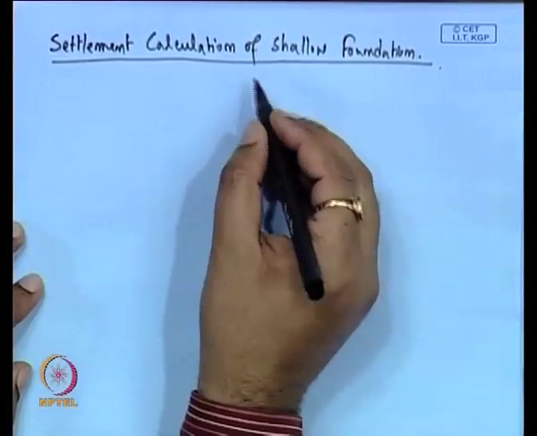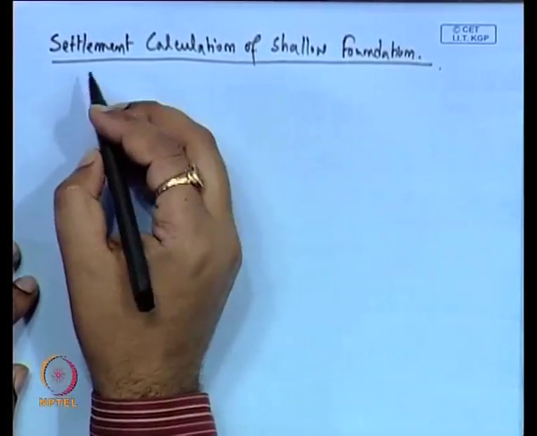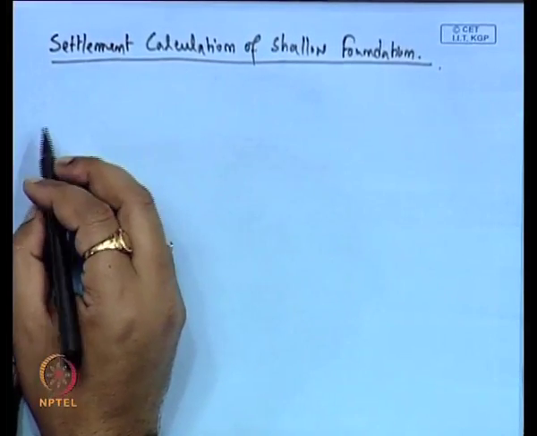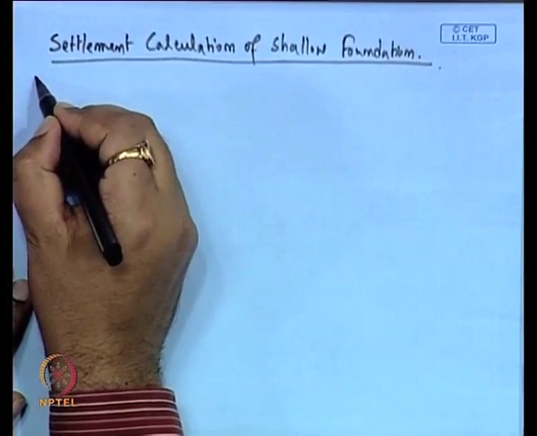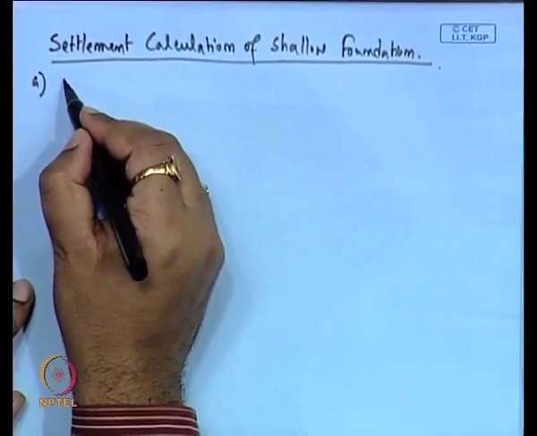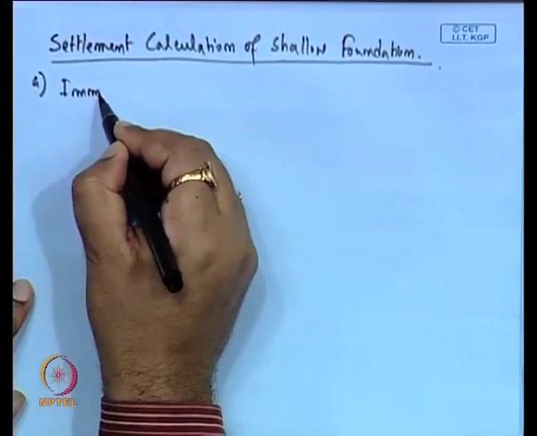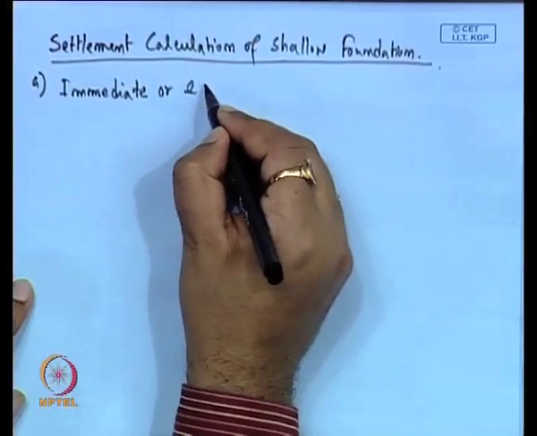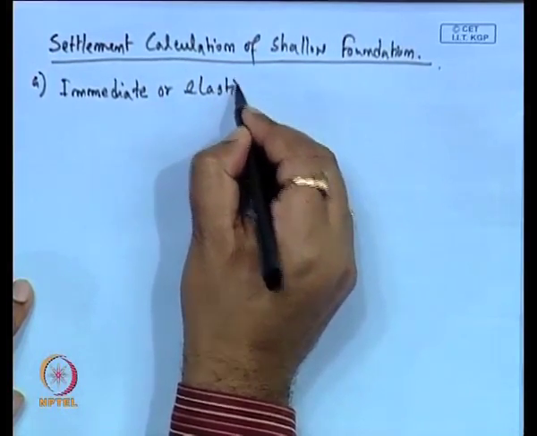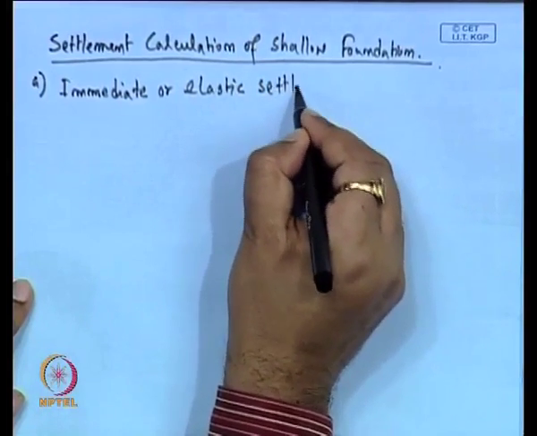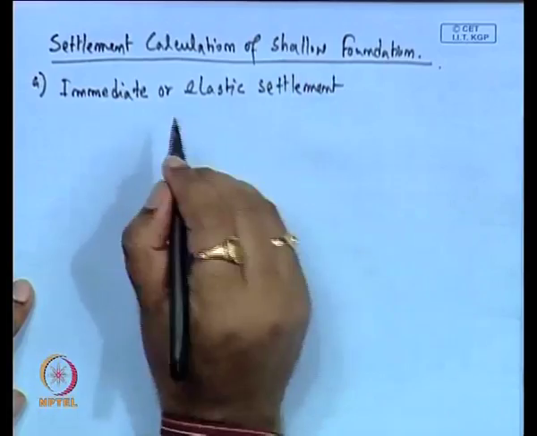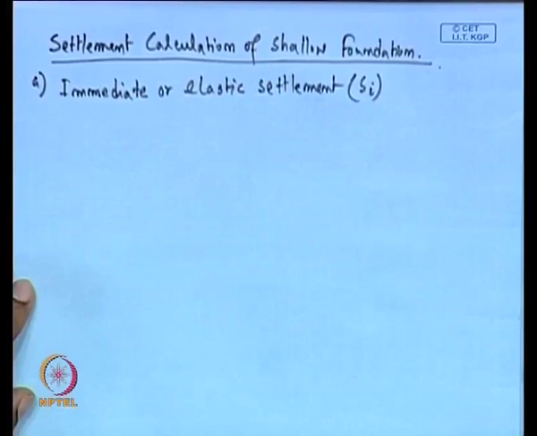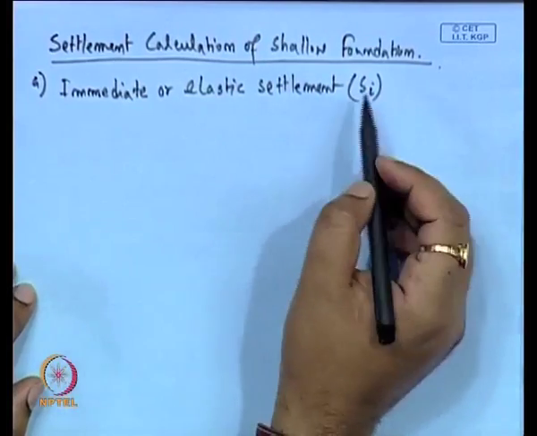When you go for the settlement of a shallow foundation, there are different types of settlement that we get. The first is immediate settlement, or elastic settlement, which we write as Si.